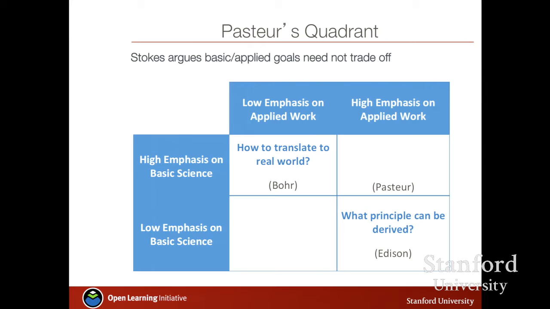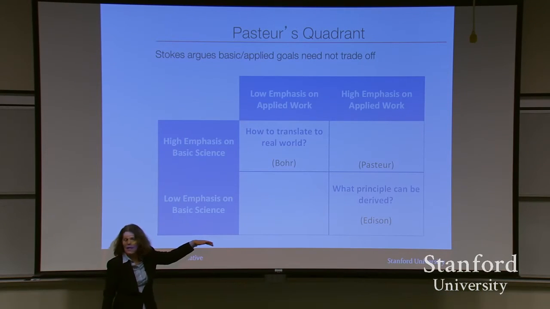This was a way of looking at science, that there are two dimensions, either science that has a high emphasis on basic science, on fundamental understanding, with a low emphasis on practical use. If you're working in high emphasis on basic science, low emphasis on applied work, then you're actually working in Bohr's quadrant. This was based on physics, so Niels Bohr's.